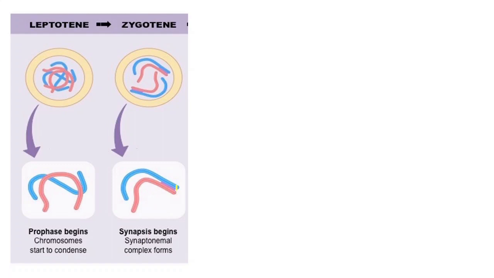They lie exactly end to end, against each other, and then get attached, not permanently, but temporarily. They form a complex, which we call the synaptonemal complex. This is known as synapsis: the process of association of the chromosomes.